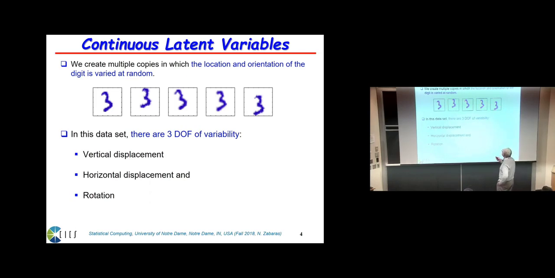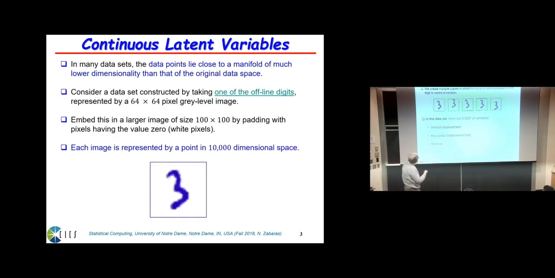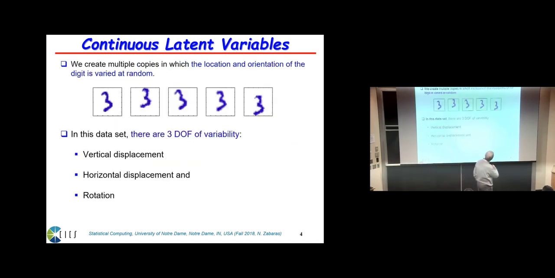If I give you a huge data set consisting of this digit 3 that varies by rotation and translation, and I ask you, what is the intrinsic dimensionality of this data set? Some of you will say it's 10,000. Some will say, no, it's only 3, because all of these data differ only by horizontal and vertical displacement, and rotation.